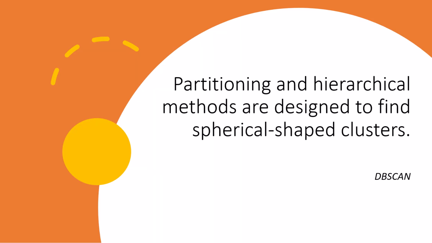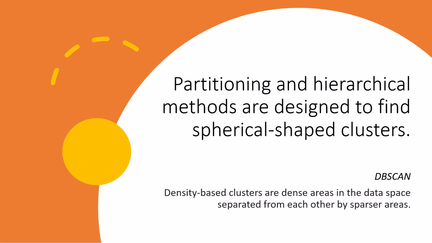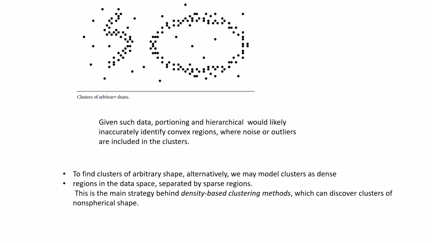Partitioning and hierarchical methods are designed to find spherical shaped clusters. Density-based clusters are dense areas in the data space separated from each other by sparse areas. Given such data, partitioning and hierarchical methods will likely inaccurately identify convex regions where noise or outliers are included in the cluster.